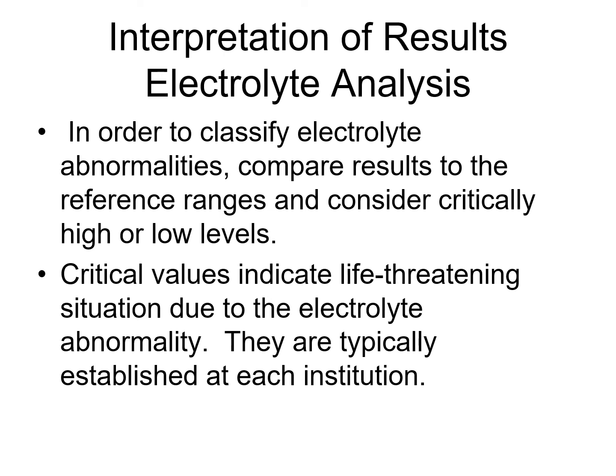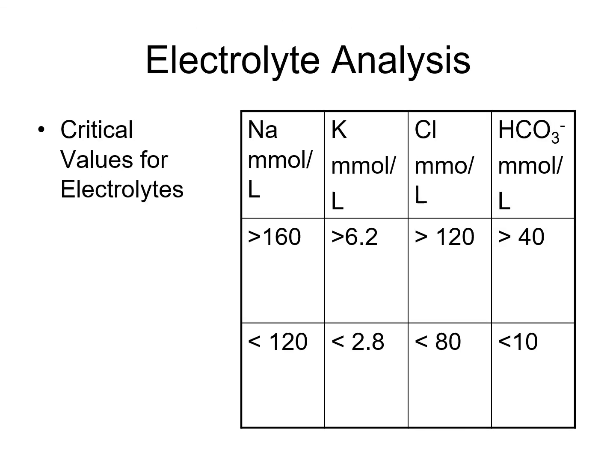We want to classify these abnormalities and compare the results to the reference ranges. The critical values can indicate a life-threatening situation due to the abnormality, and they are typically established at each institution. But there are critical values that we have to remember.